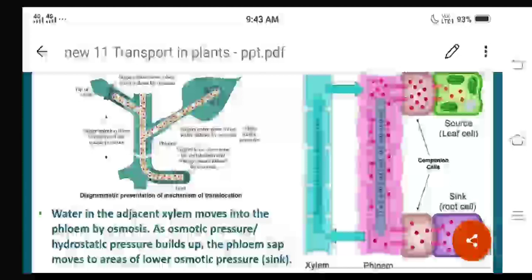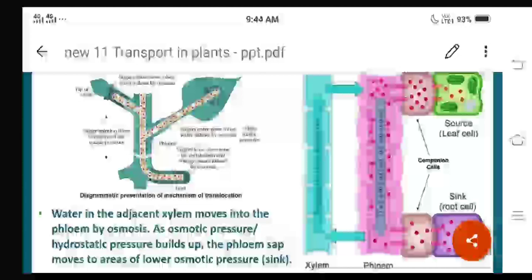Water in the adjacent xylem moves into the phloem by the osmosis process. In the given diagram you can understand, whatever water is there in the xylem may move into the phloem, right?